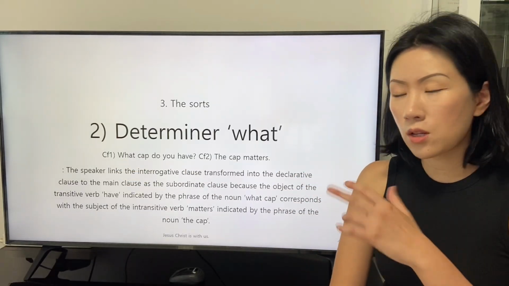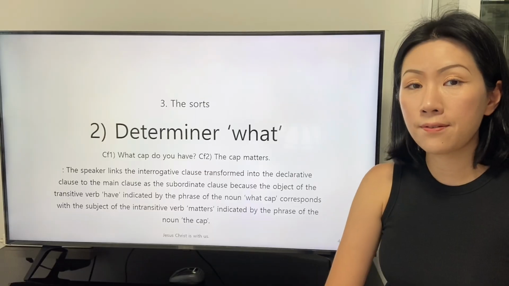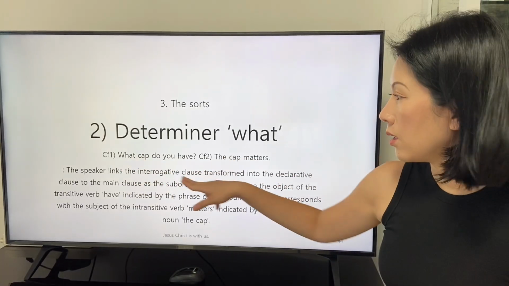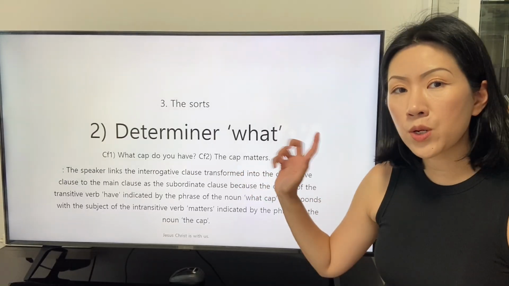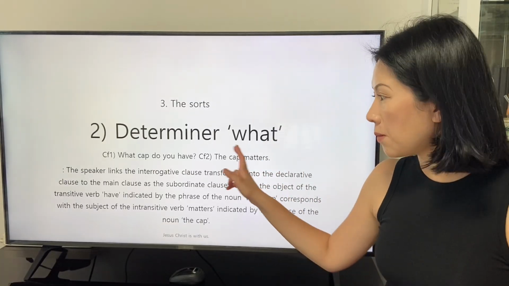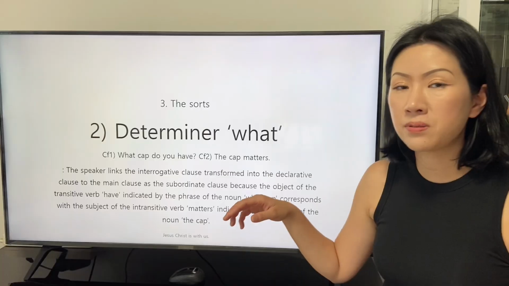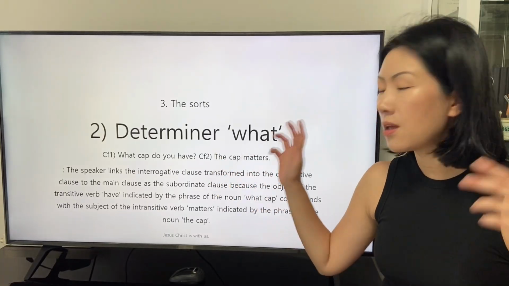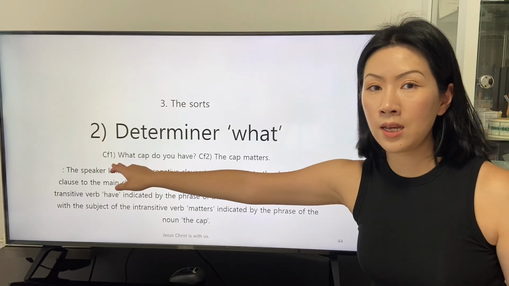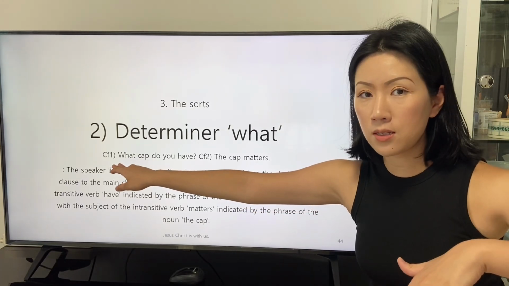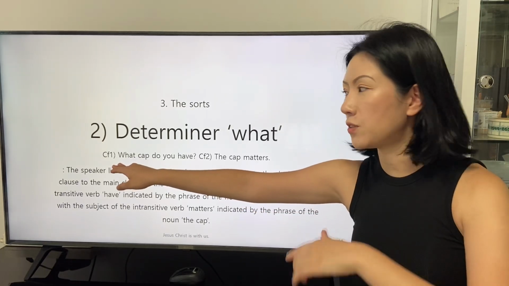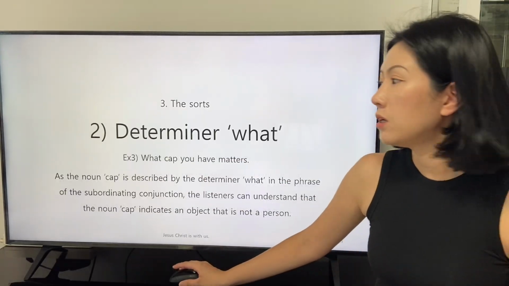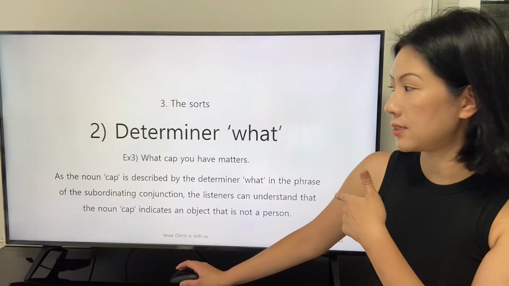The speaker links the two clauses by finding the shared indication, what cap, and the cap. The speaker abbreviates the subject of the main clause and replaces it by the declarative statement that originates from this interrogative clause. That's how the third example is stated.